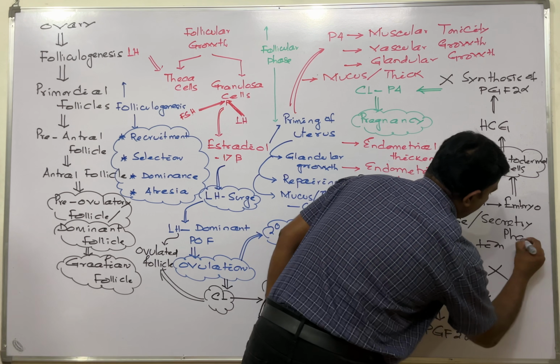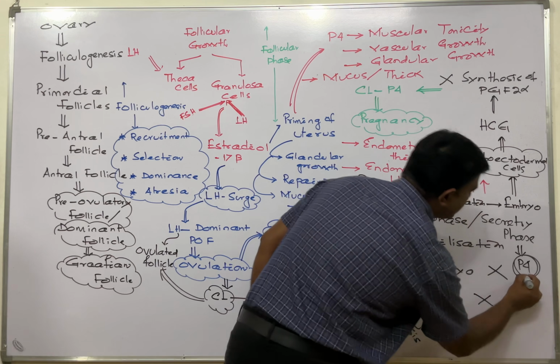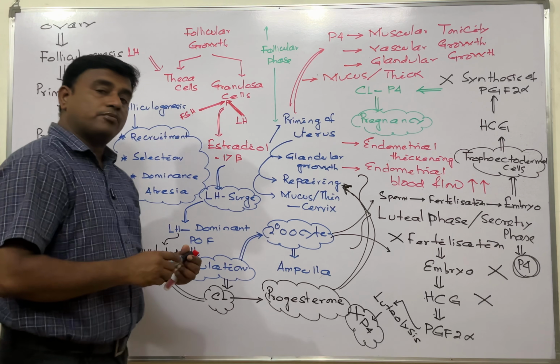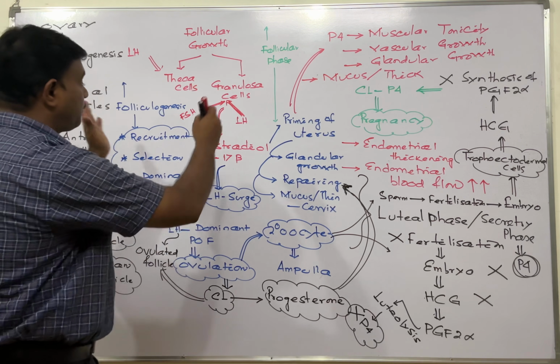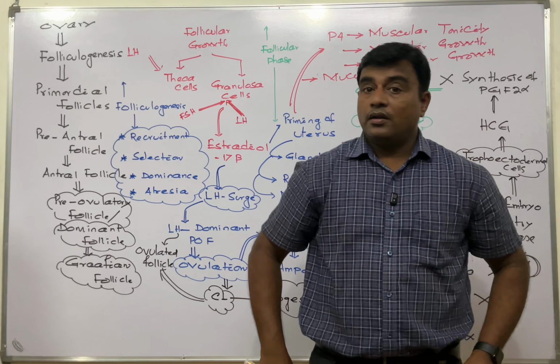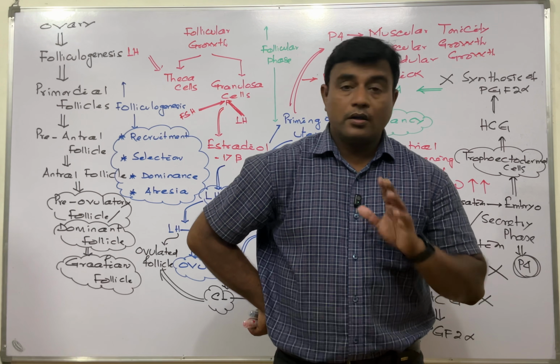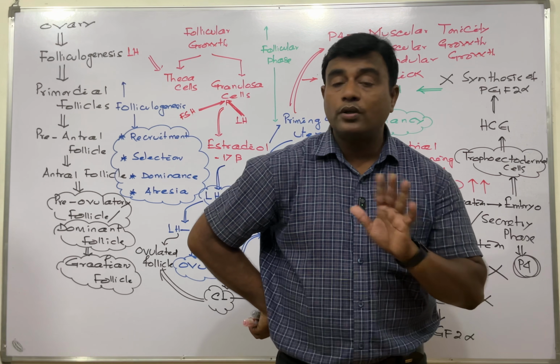Due to these two phases, the progesterone is there, the corpus luteum is there, and the tonicity of the uterus is maintained. So this is the physiological basis of the menstrual cycle. What have we learned here? We learned that nothing happens without a reason.